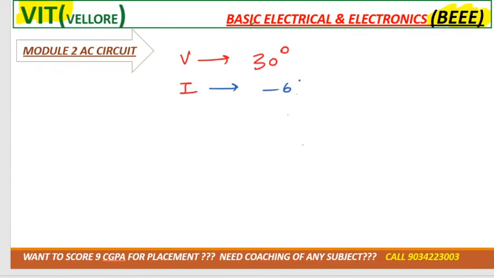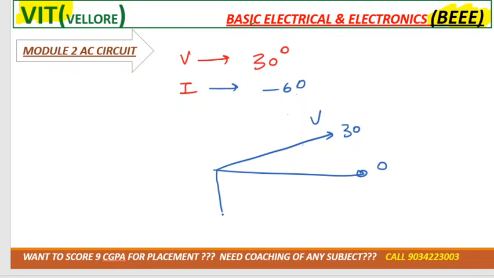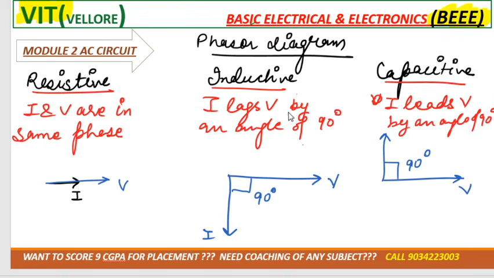If I draw the phasor diagram, 0 is this one, 30 degrees above is the voltage angle, minus 60 degree is on the downwards. Okay, now can you tell me in this case, this is 30, this is 60, voltage is leading or current is leading? That means current is lagging, right?